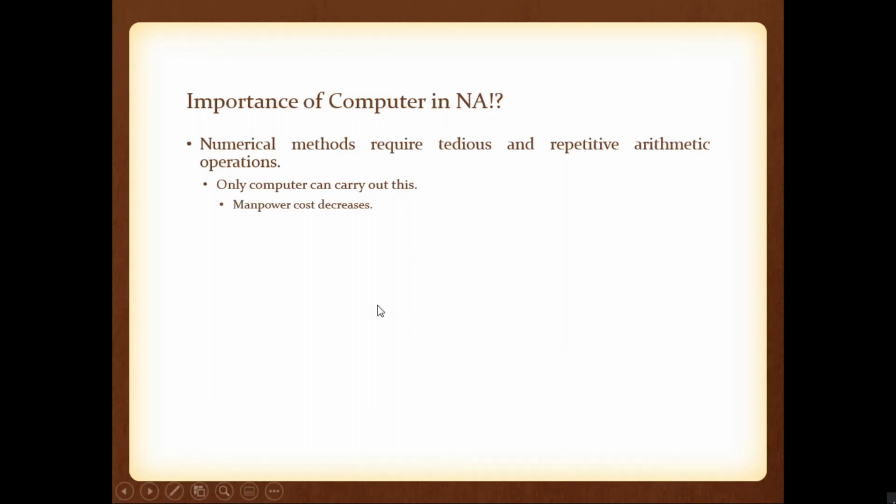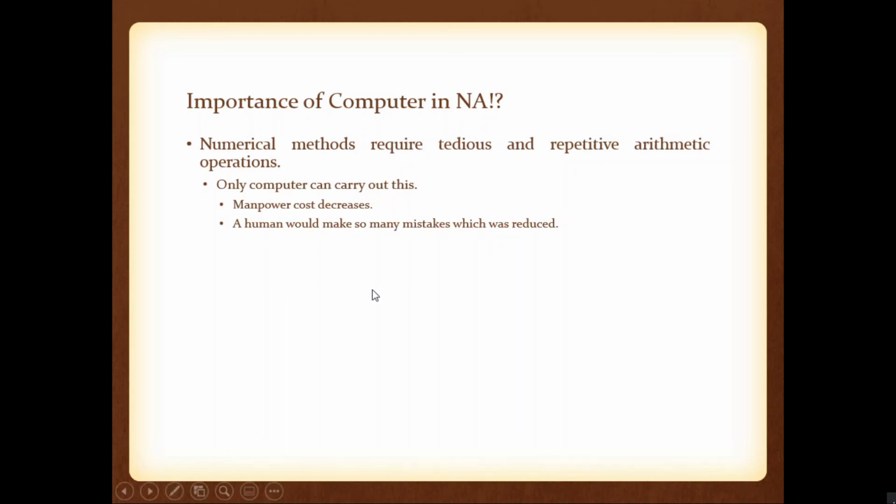Okay, so there are purposes. The first one is that it is used to reduce the manpower and also cost. The second one, it is used to improve the performance, or it is used to reduce the computing time.